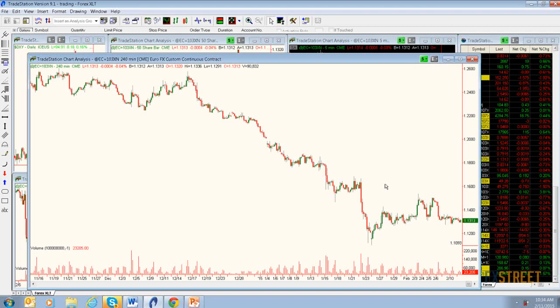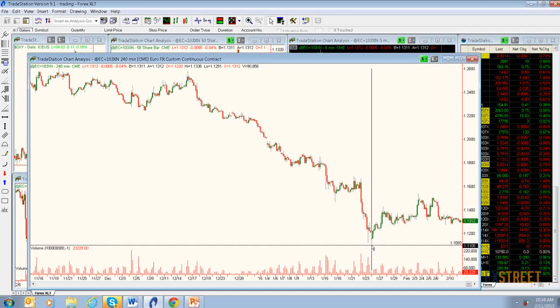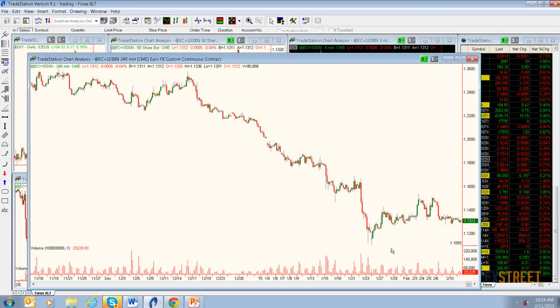So we would want to see prices go below that level, okay? All right, so watch for that. And that can happen pretty quick. It looks like we're pretty far from there, but we're really not that far.